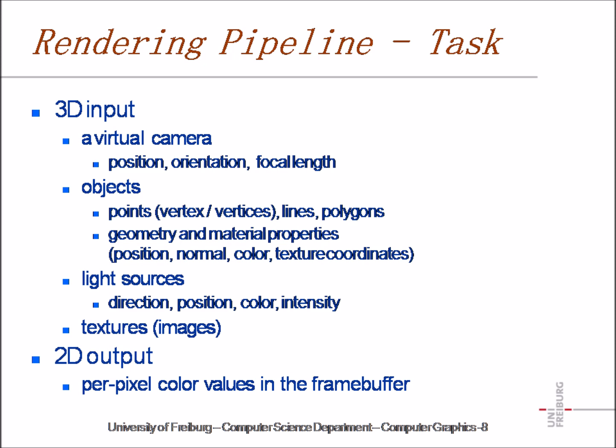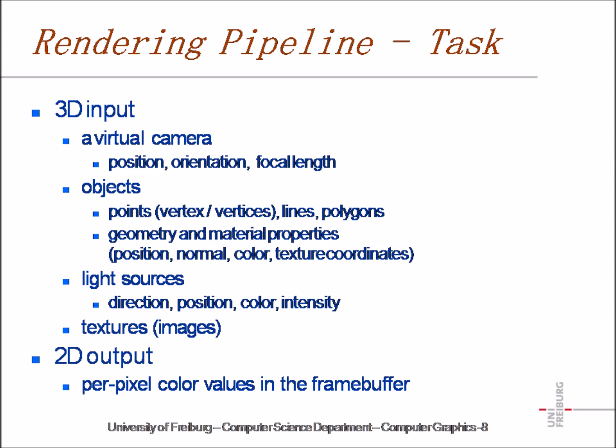Number two subtask is objects, which can be represented in the form of points, that is vertices or vertex, lines, polygons, or various types of geometric shapes or models. The third important subtask is light sources. This is very important for objects in terms of direction, position, color, intensity.